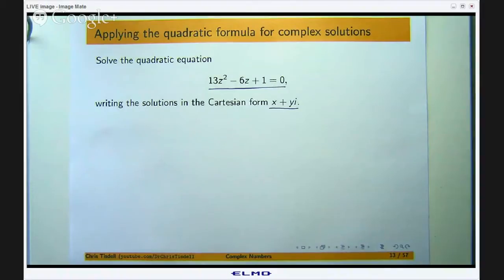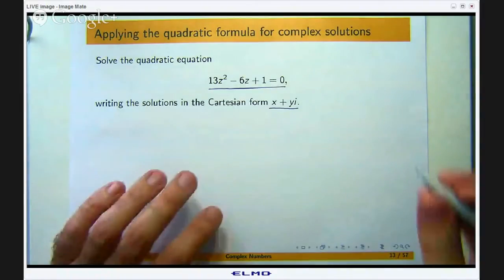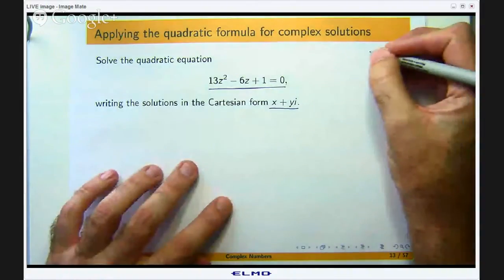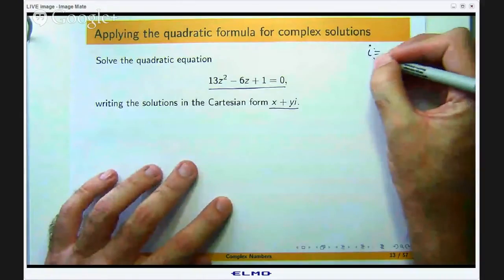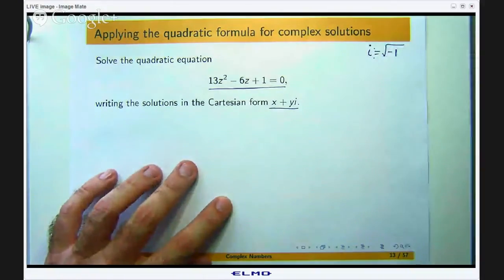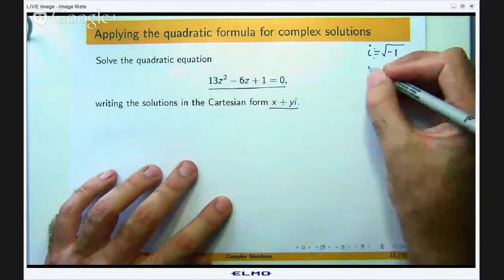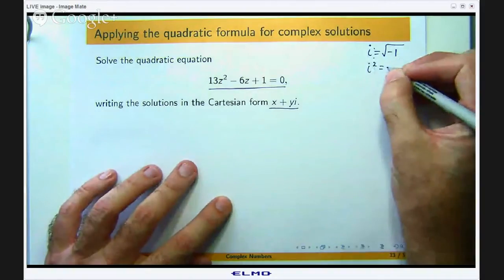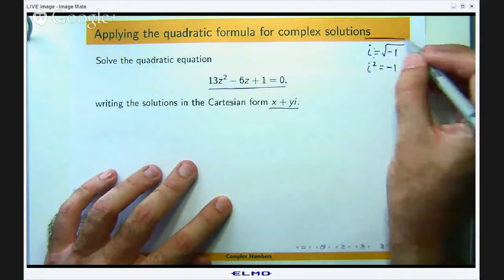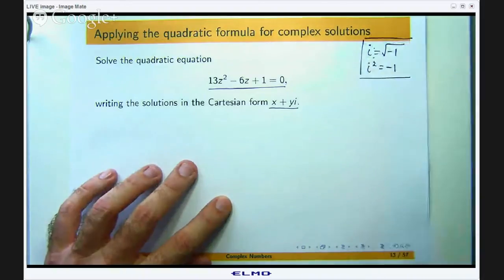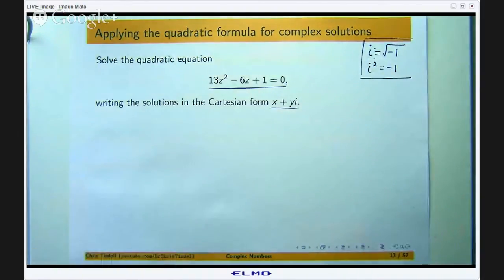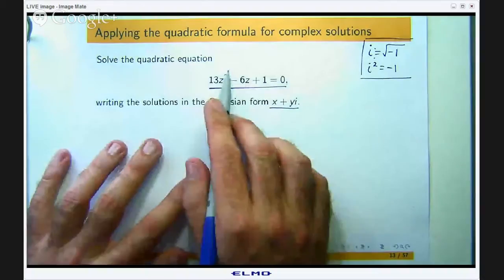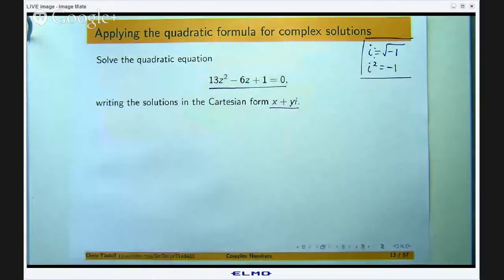Okay, so let's just refresh our memory. Remember, this imaginary unit i is defined to be the square root of -1, and so i satisfies the equation i squared equals -1. Okay, now to solve this kind of problem, it's similar to what you did at school.